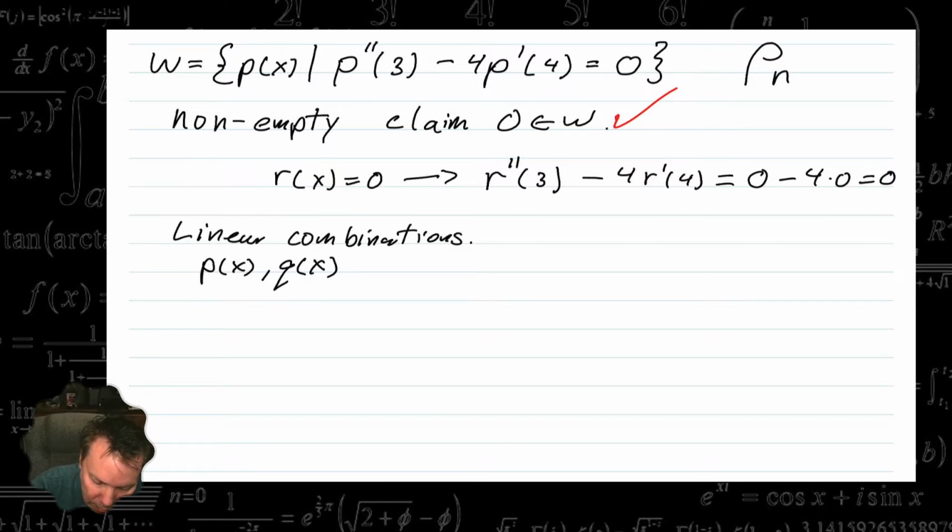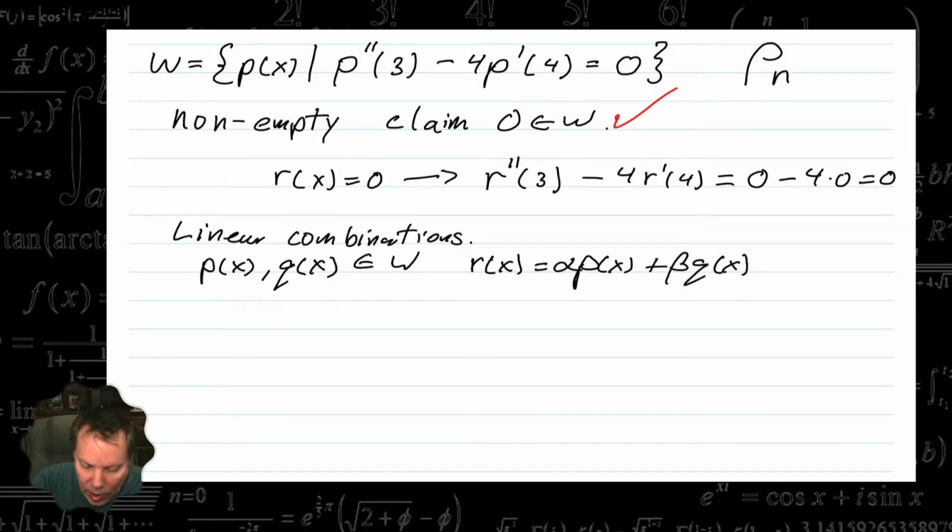I'm just saying I have two polynomials that happen to satisfy this condition up here. With that said, I'm going to construct a new polynomial r of x. That's going to be some multiple of p of x plus another multiple of q of x. Now I want to show that r satisfies that condition on top with the first and second derivatives.